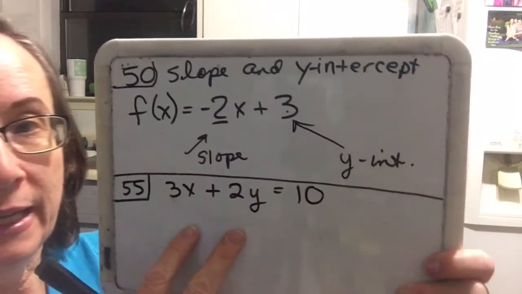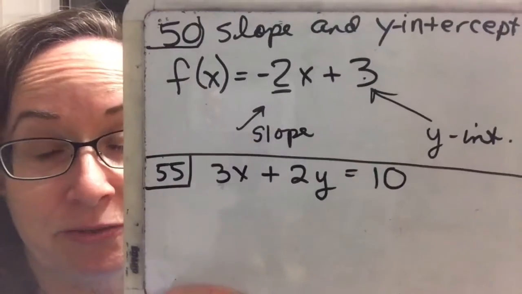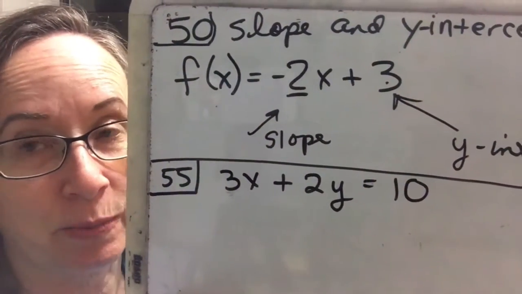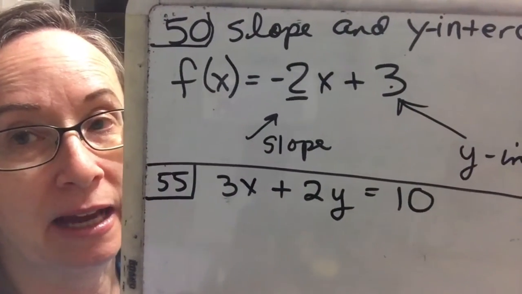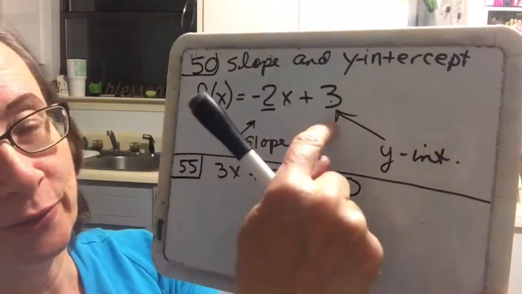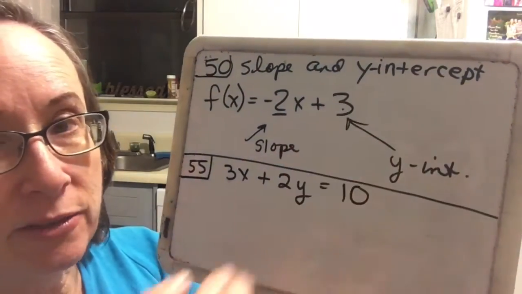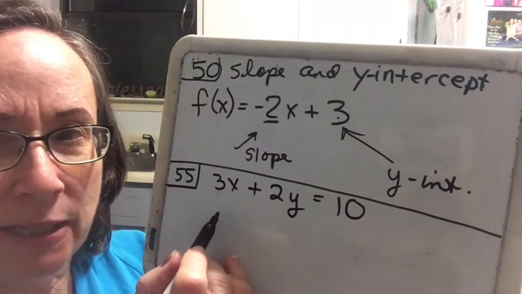Okay, now down here we have problem 55, which is in standard form. And that's the easiest way to find the x and y intercept, right? When it's in this form. Other than that, that's already solved for. But to find a y-intercept, don't I just let x be 0?